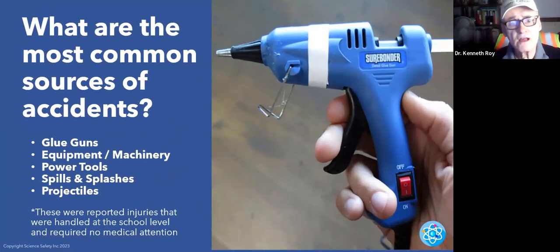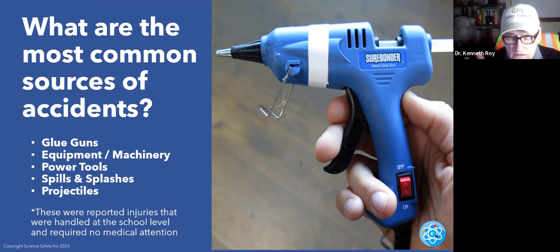So what are the most common sources of accidents? Believe it or not, and I know this personally because I've done some research with it in 2020, glue guns, all right? Students getting burned. You can't tell necessarily that a glue gun is hot or cold. Of course, when you touch it, you'll know real quick, all right?